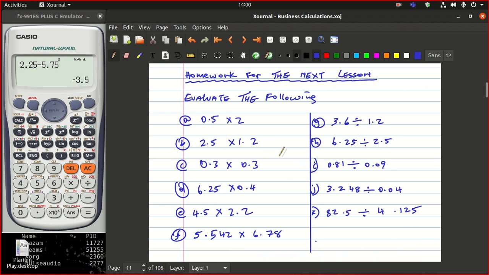But what I want you to understand in this, because the time is already up, if you wanted to solve this homework, the first thing that you need to do is convert this to a fraction and this to a fraction, and you know how to multiply fractions, and then you convert it to a decimal. The same thing that you do here, it's the same thing that you do here. It's simple as that. It's not a biggie at all.